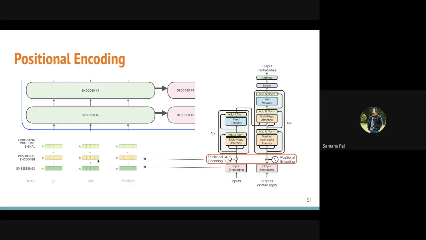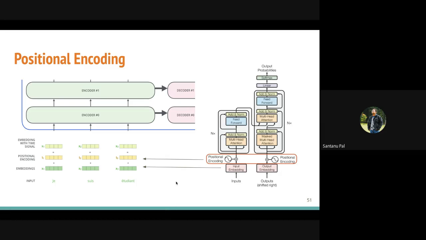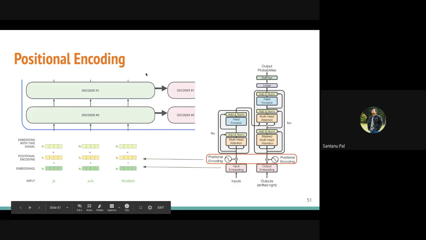Positional encoding provides the information of the sequence, like the first word, second word, third word. So this is the encoding of the position of words. And again, this only goes to encoder 0, and then encoder 0 passes it to the subsequent encoders.